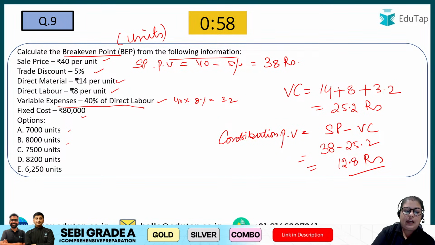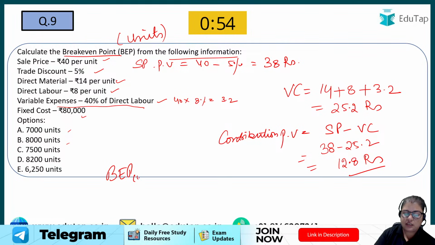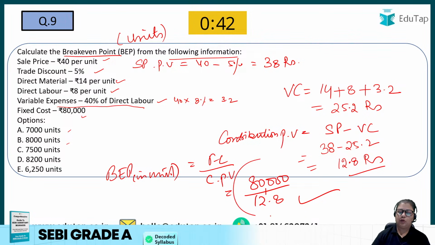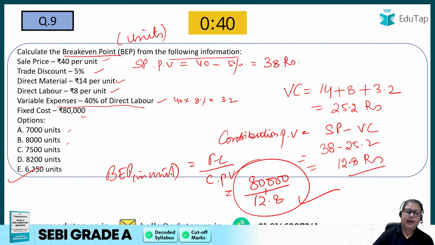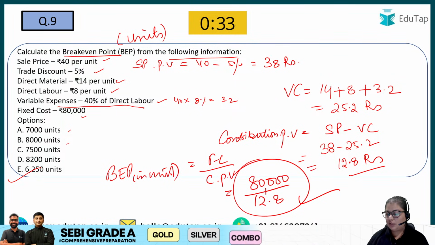So yes, how will you find out the break even point in units? We just discussed the formula. Fixed cost upon contribution per unit, that will be equal to 80,000 divided by 12.8. When you solve this, you will get 6250 units, and you have done it correctly. 6250 units. Do you want me to calculate this?